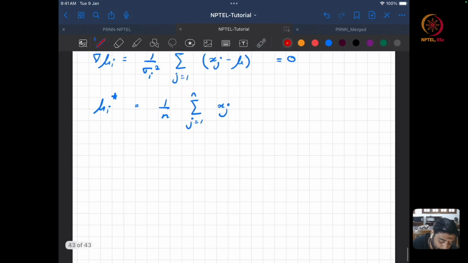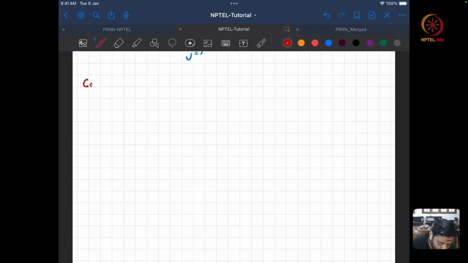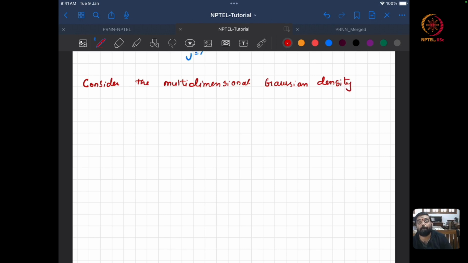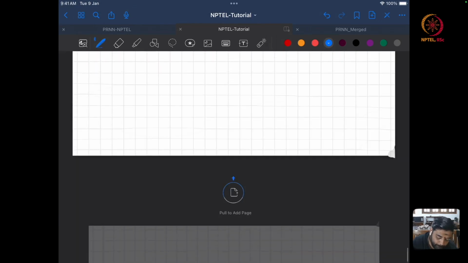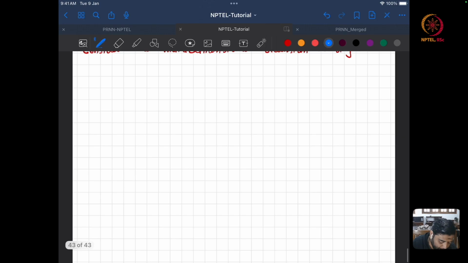Okay. So now consider the multi-dimensional Gaussian density. Okay, so in this case, how will my density look for a given x?